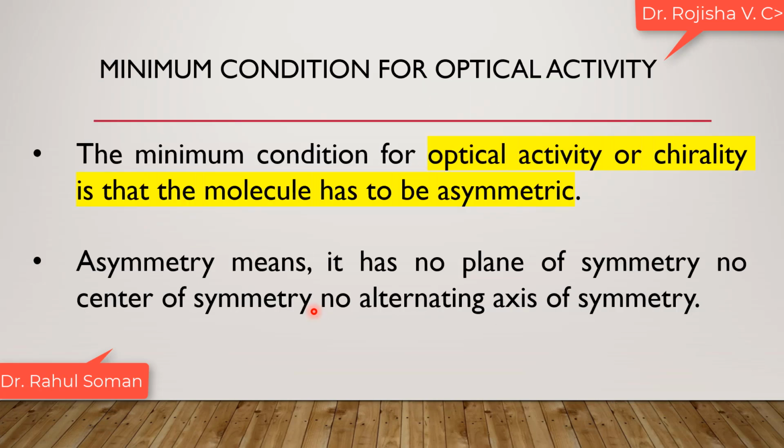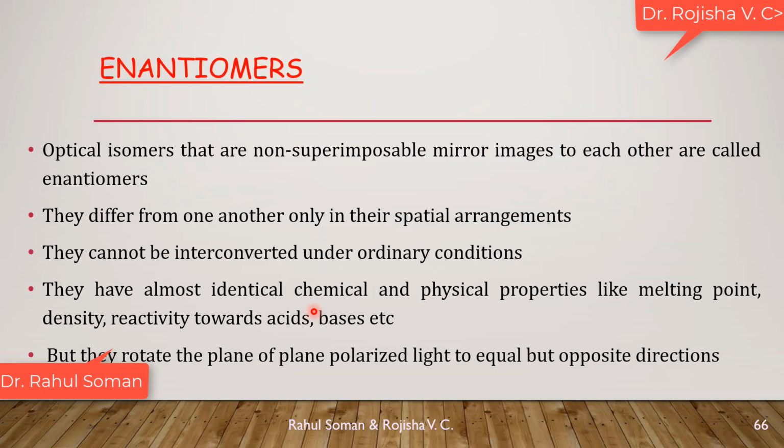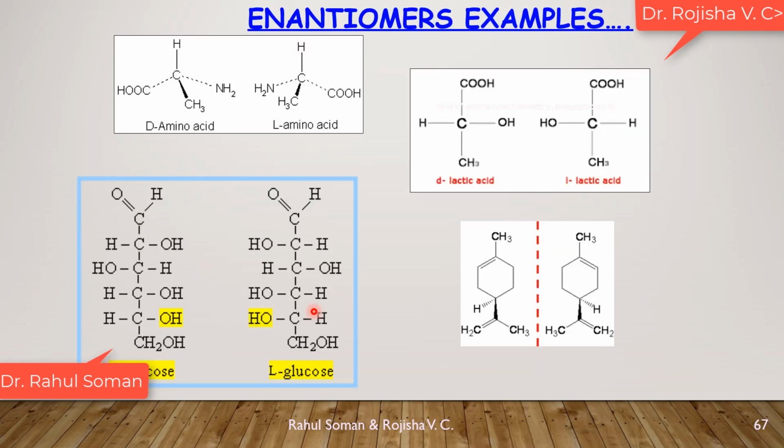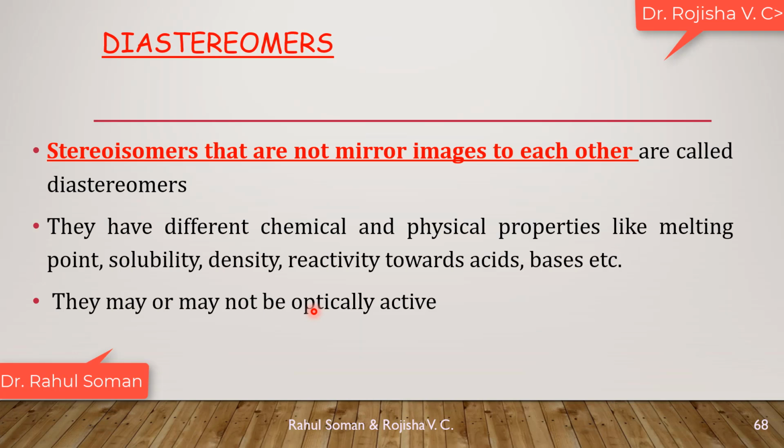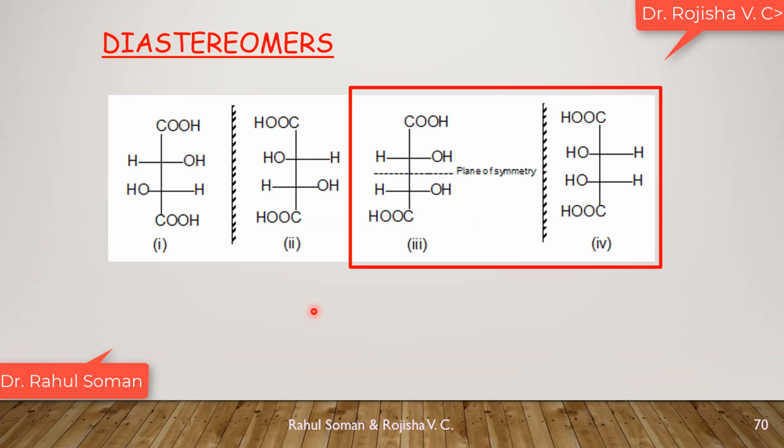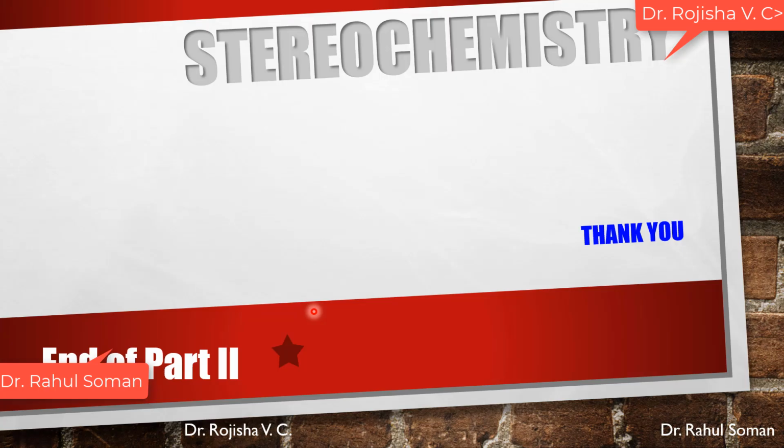Isomers which are mirror images to each other, and non-superimposable, are called enantiomers, and those isomers which do not form any mirror image relationship are called diastereomers. Stereoisomers that are not mirror images to each other are called diastereomers. Okay, that's all for this session.